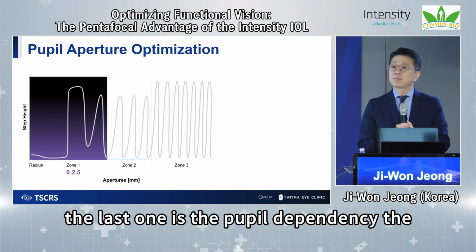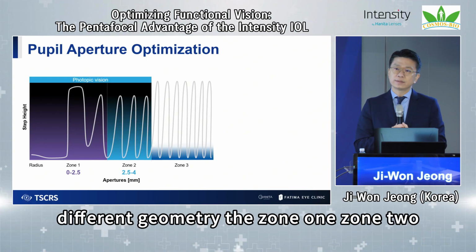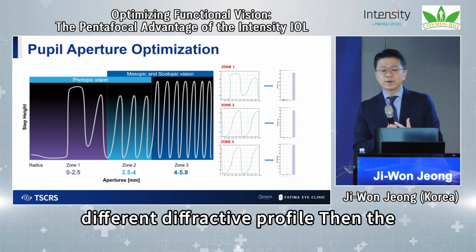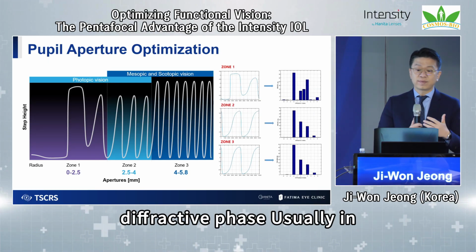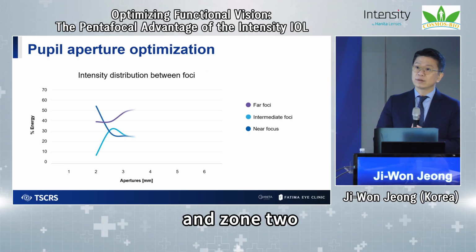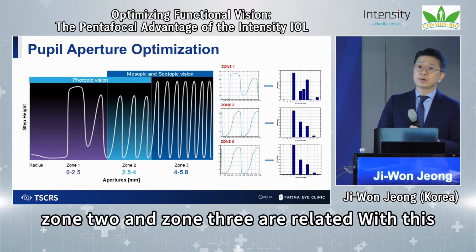The last one is the pupil dependency. The Intensity IOL geometry has 3 different zones, zone 1, zone 2, zone 3. Each zone has a different diffractive profile and diffractive phase. Usually in photopic situations, zone 1 and zone 2 are related, and in mesopic conditions, usually zone 2 and zone 3 are related.